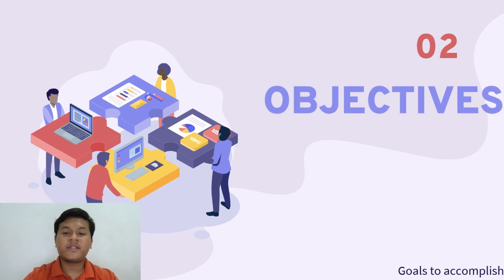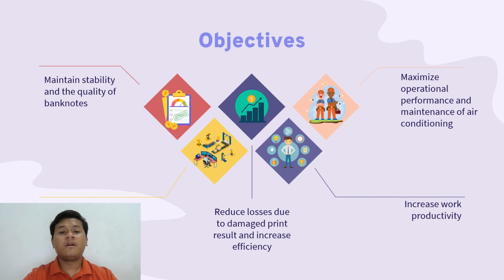The next one is objective. What we want to achieve or solve here is, first, to maintain stability and quality of the banknotes; second, to ensure stability and optimize conditions during the production process; and third, to reduce losses due to damaged print results and increase efficiency.